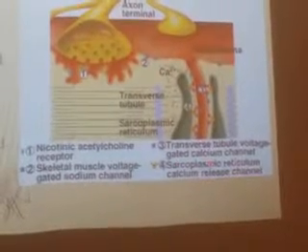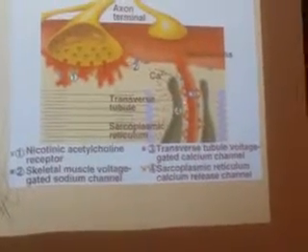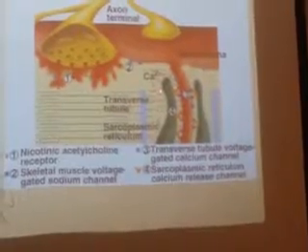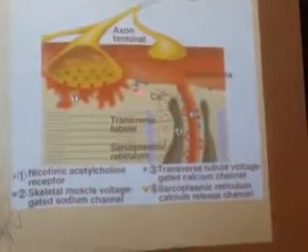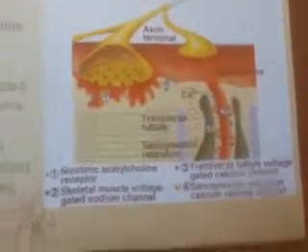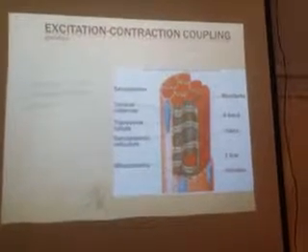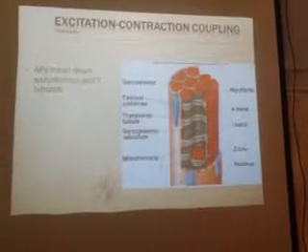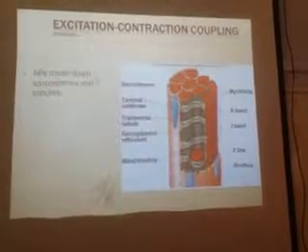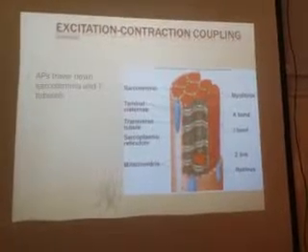Then the sarcoplasmic reticulum has calcium release channels, and here calcium is released. Now the next step: the action potential travels down the sarcolemma and the T tubules.